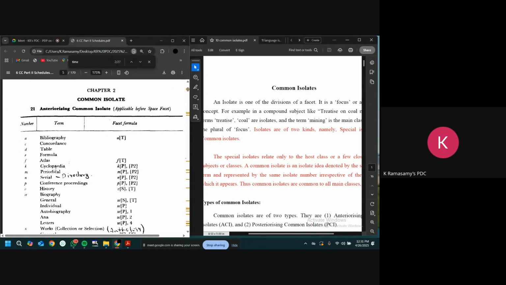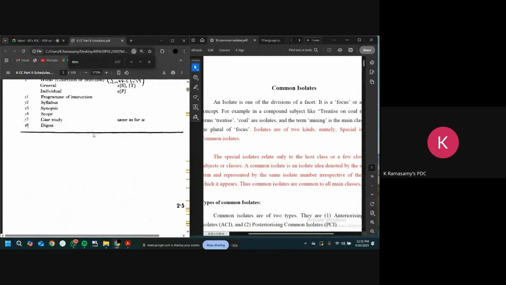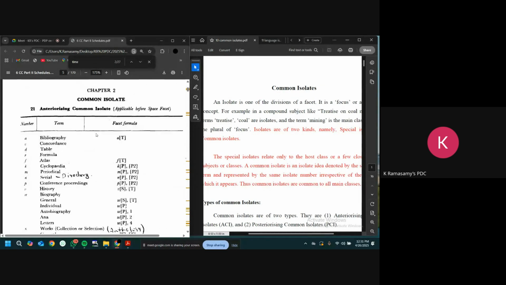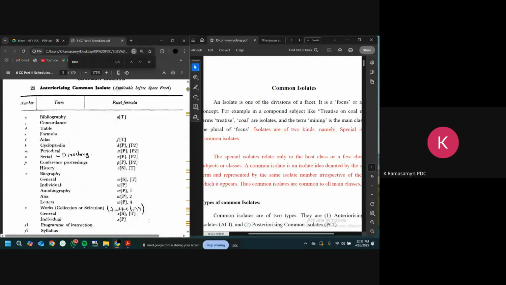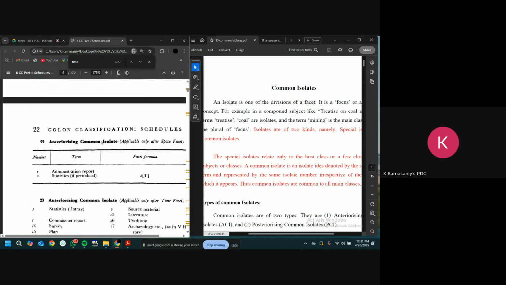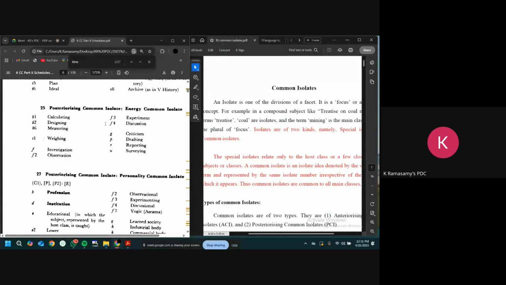Common isolates are divided into 2 groups, ACI and PCI. ACI, anteriorizing, PCI, posteriorizing. ACI means you can add all these common isolates to any number without any connecting symbol. That's called ACI. What is PCI? PCI are 2 different kinds: PCI energy and PCI property, personality.